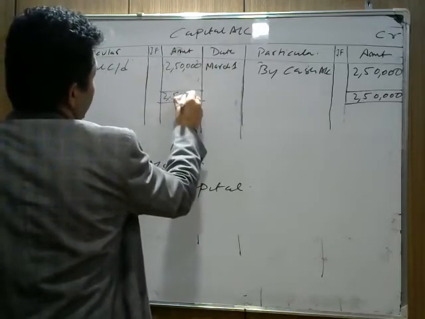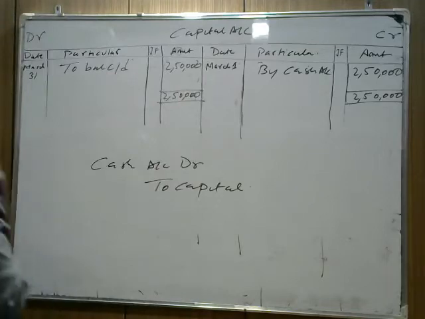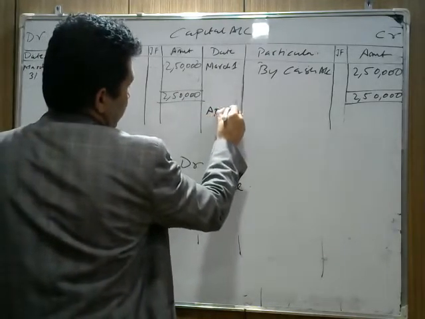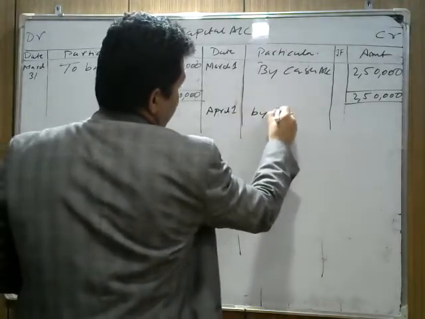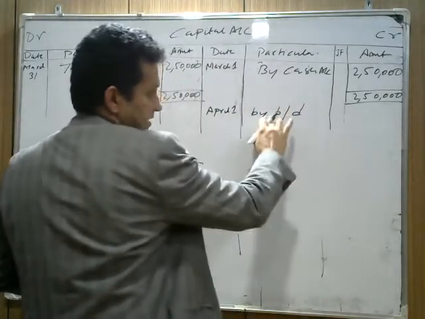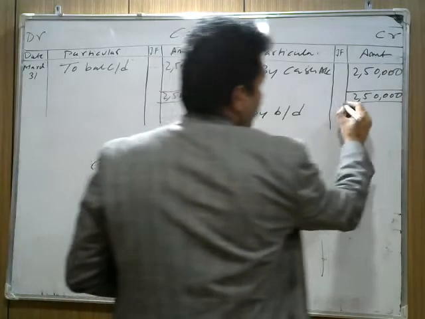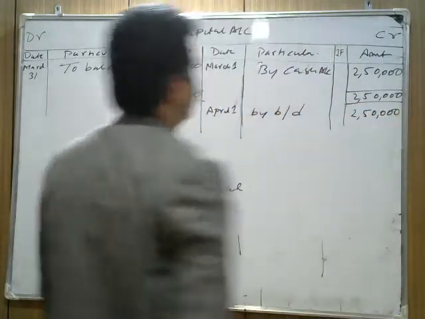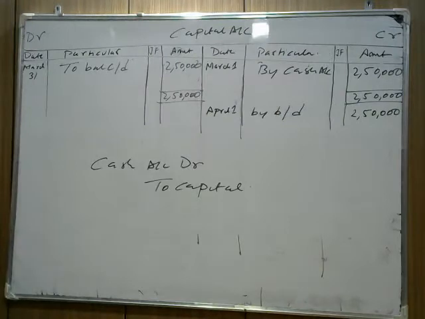And what is the closing for March 31st is the opening for April 1st. So we write April 1st, "by balance b/d". Simply BD means balance brought down, 2,50,000 is the balance. That means capital always has a credit balance. It's proof over here. So I hope this part is clear.